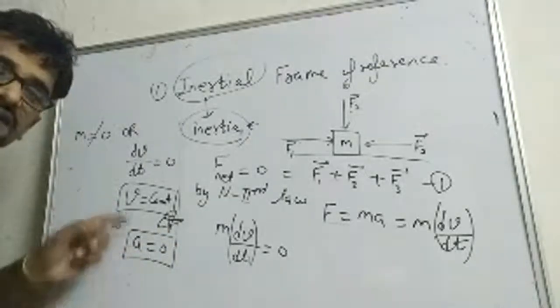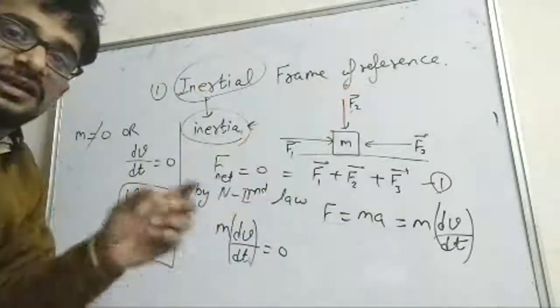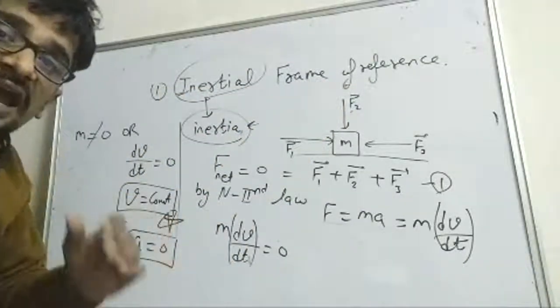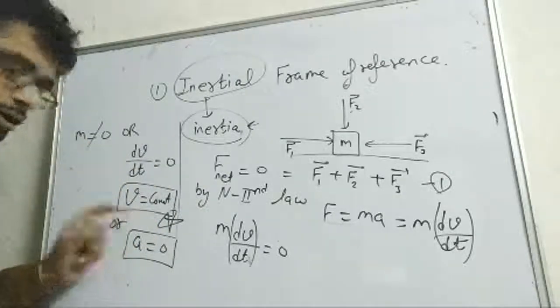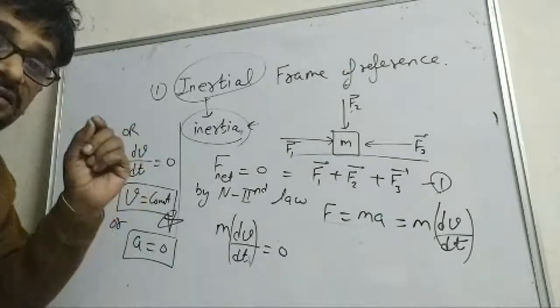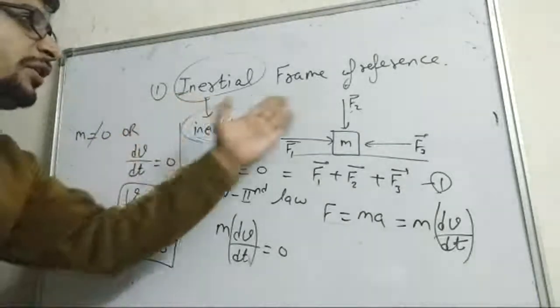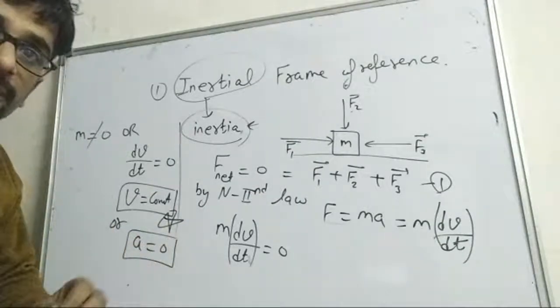On this basis we have another definition of inertial frame of reference: whenever an object moves with constant velocity v, then that type of motion is studied under the inertial frame of reference. Got my point or not?